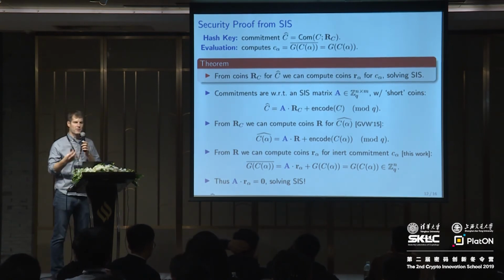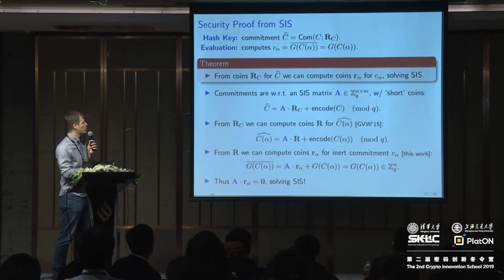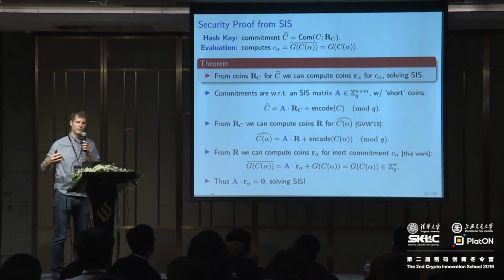Then we reevaluate the hash function on that alpha, but we do so also keeping track of how the randomness evolves during those homomorphic operations.